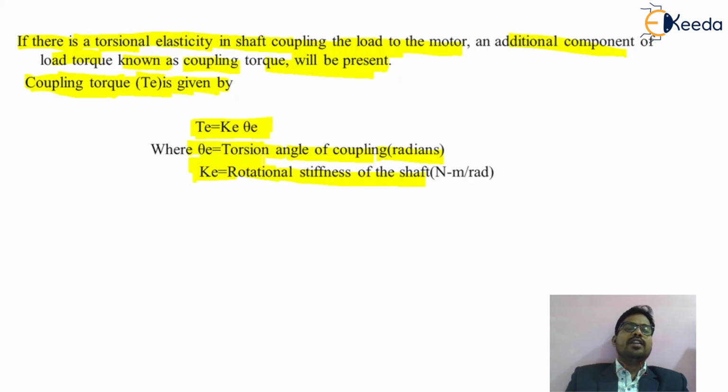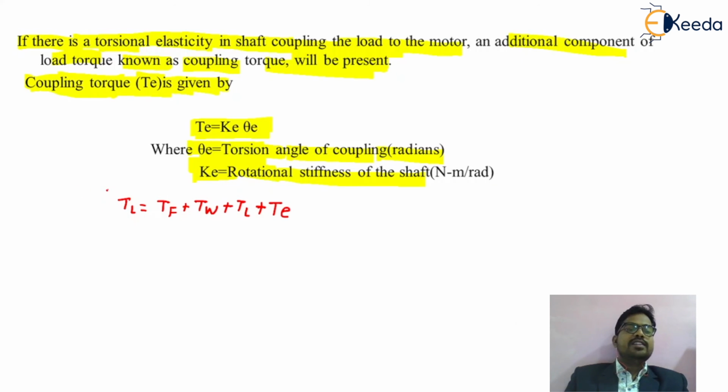So in general, we can now write the components of load torque. TL is equal to TF plus TW, that is friction torque plus windage torque, plus TL, the load torque to do that particular mechanical work, and TE.